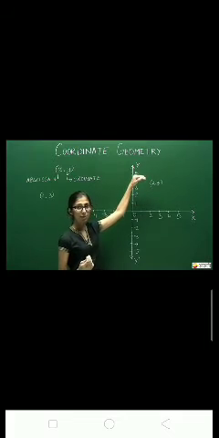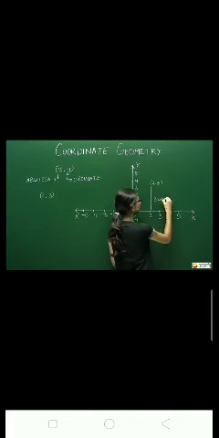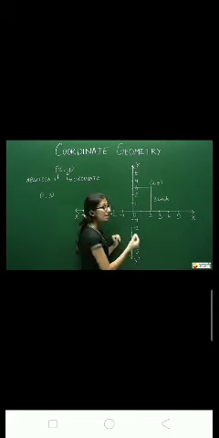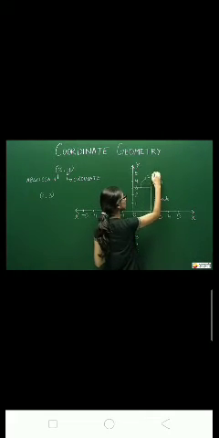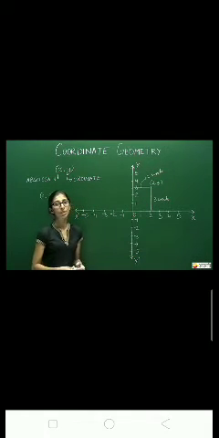In this case, we have moved 2 units to the right and 3 units upwards. This means that the distance of this point from the x-axis is 3 units and its distance from the y-axis is 2 units. You can clearly see over here.